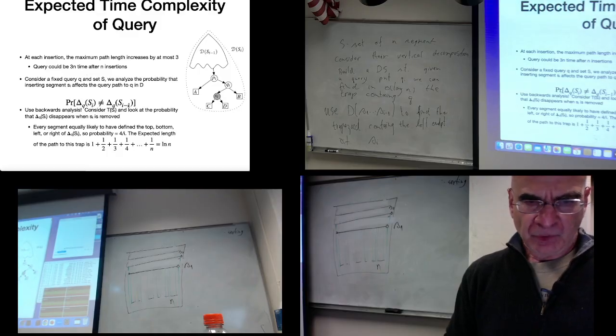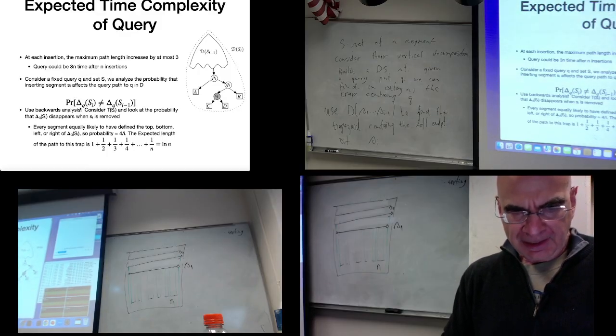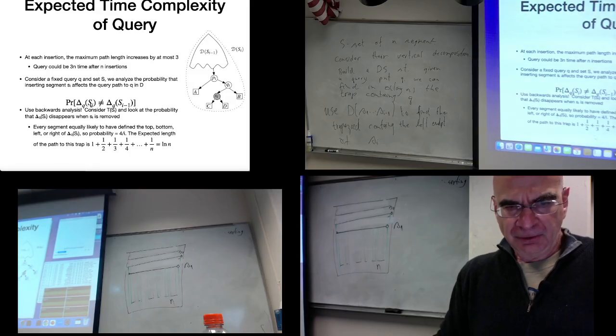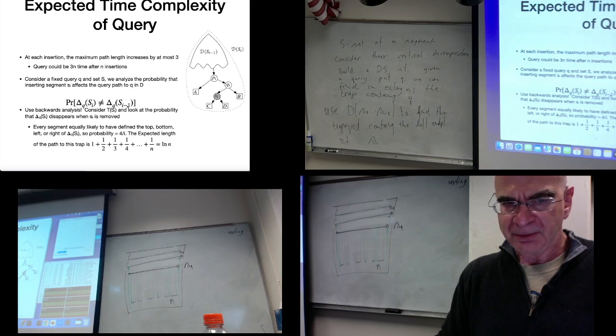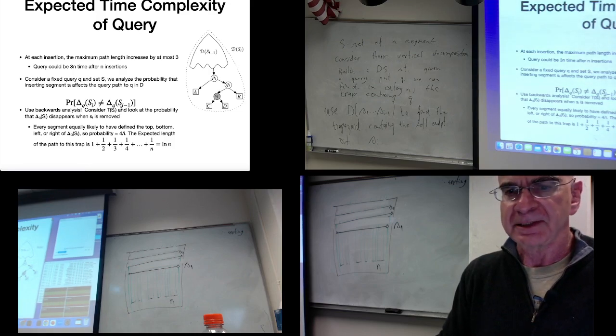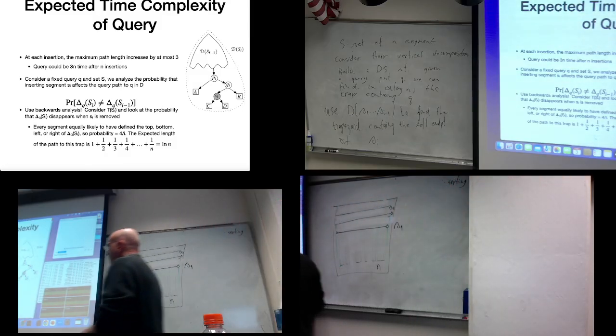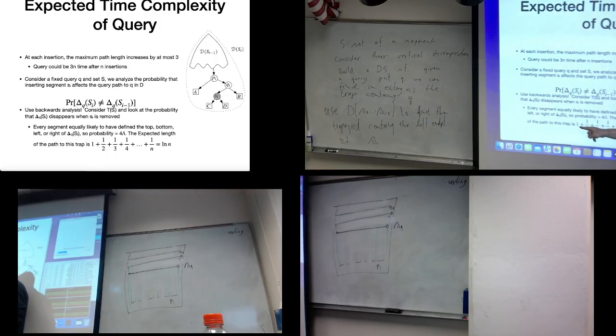OK. Just formally, what is the probability that the data structure for Si is different than the data structure of Si plus 1 when I'm doing my query point, and my query point is one of the endpoints of the segments? Just ask what is a path. Now, asking what is the length of the path to the segments, it's just a sum of random variables.